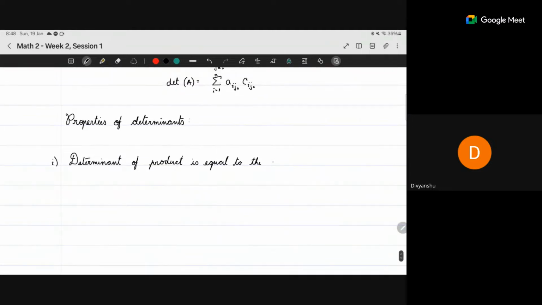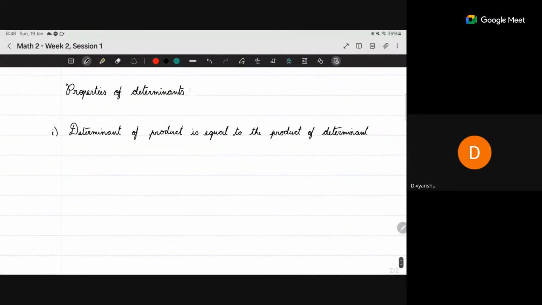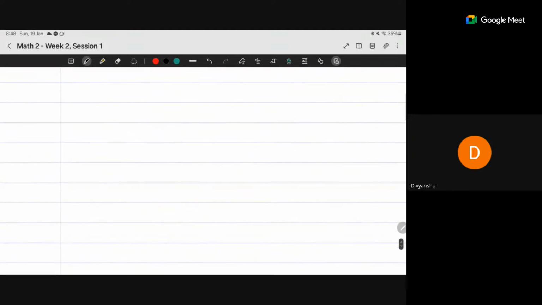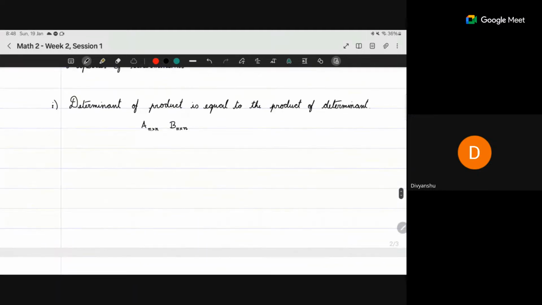Determinant of product is equal to product of determinant. So if I have two n cross n matrices, now you can work with n cross n matrices, even though you will be mostly working just with 3 cross 3, 2 cross 2 matrices.